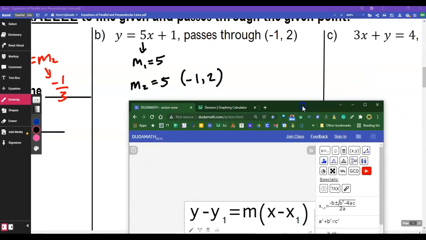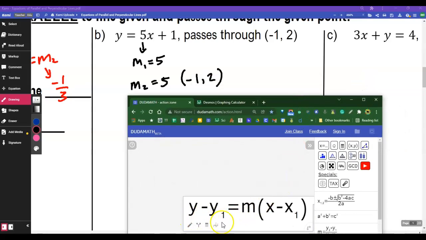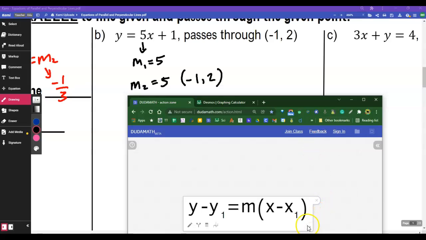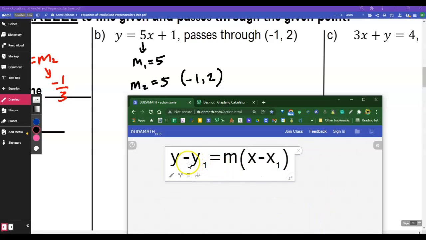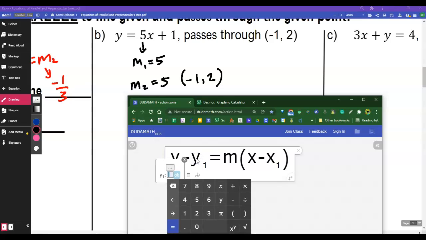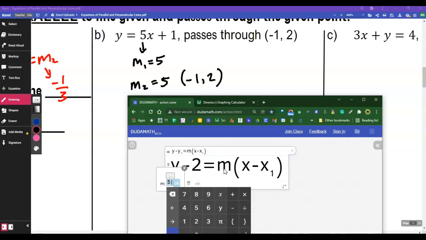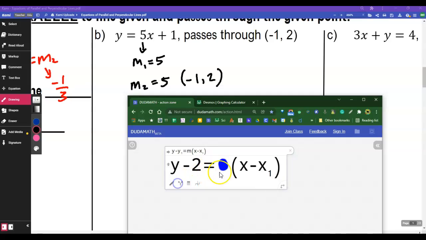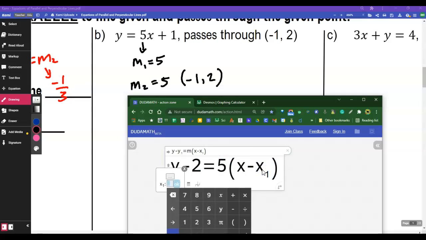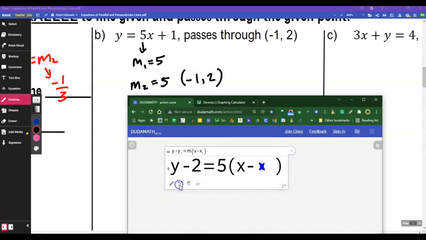And just for fun, to show you how I'd use this, I can say y1 equals 2. M equals 5. x1 equals -1. Now notice what happens.